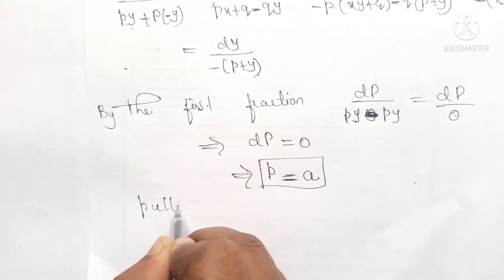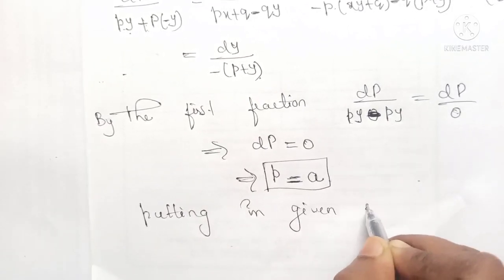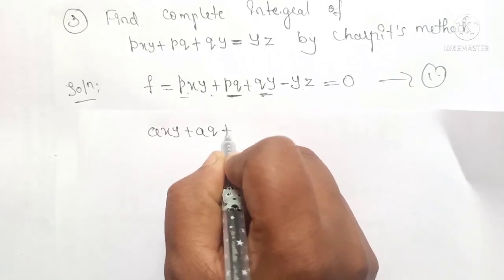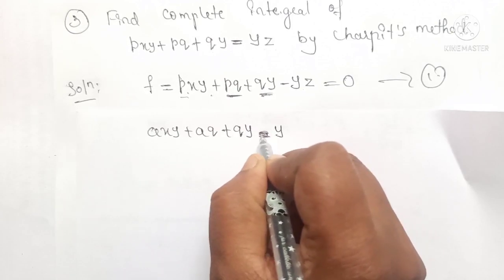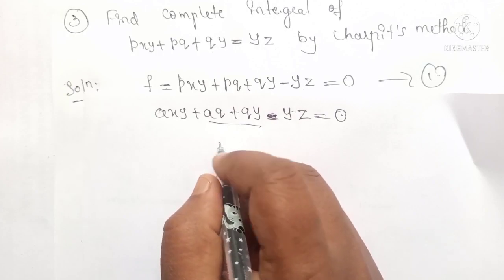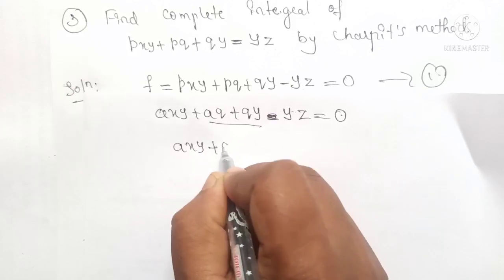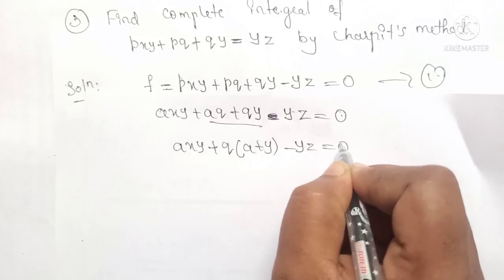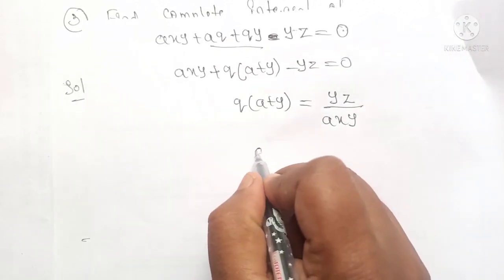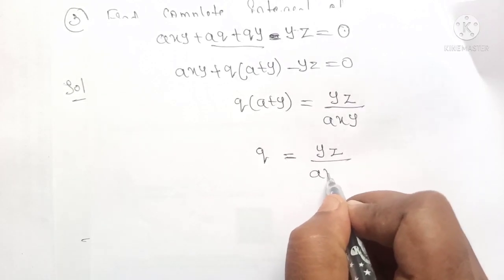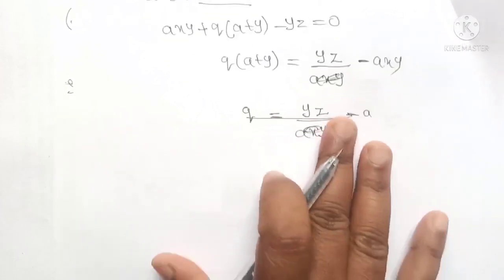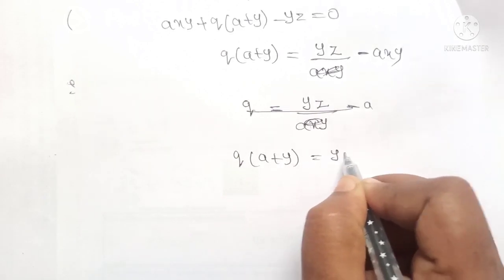Now substituting this value in the given equation, p means a, we get axy plus aq plus q minus yz equals 0. Here we take q common, so we get q into a plus y, equals yz minus axy.